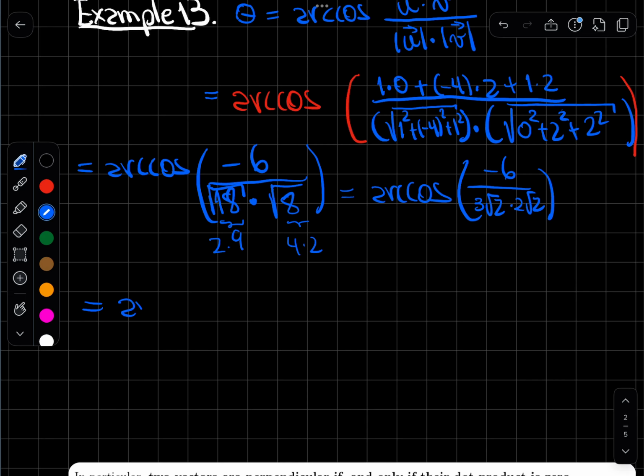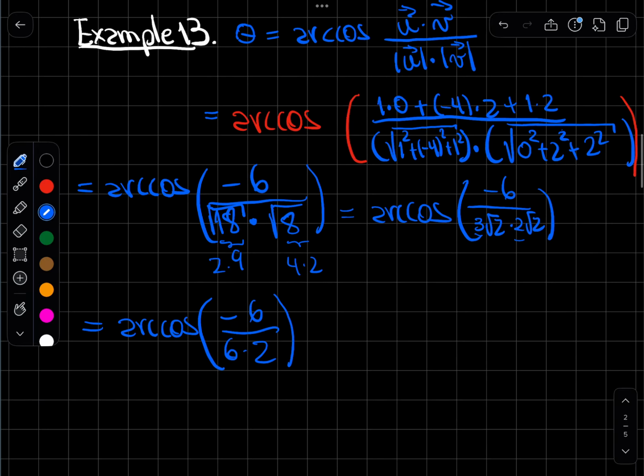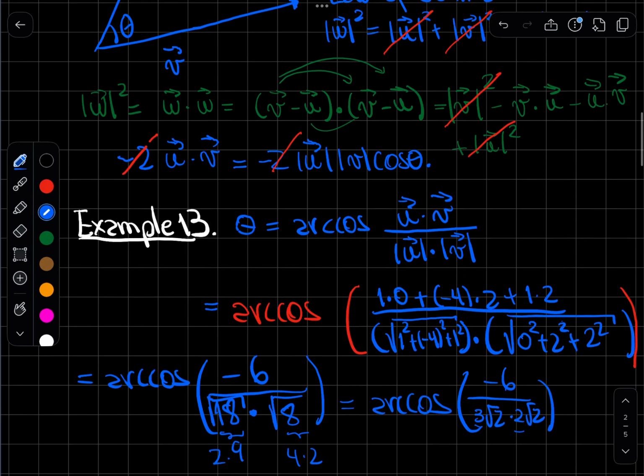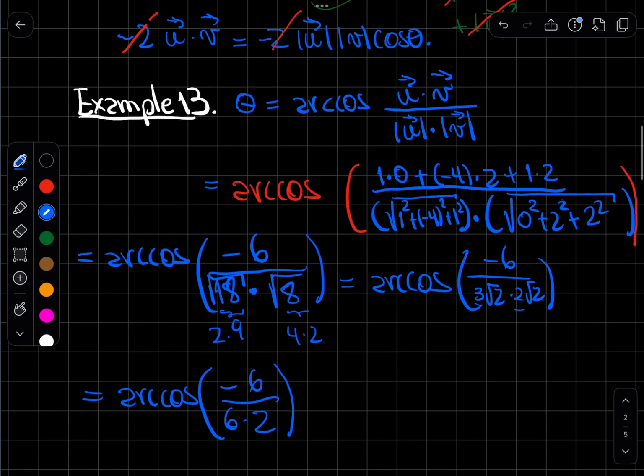So it's going to be the arc cosine. All this that I'm doing is sometimes unnecessary. So you have -6, and then 3 times 2 is 6, and root 2 times root 2 is 2. I feel like I've made a mistake somewhere here, but I'll trust that you'll catch it for me.